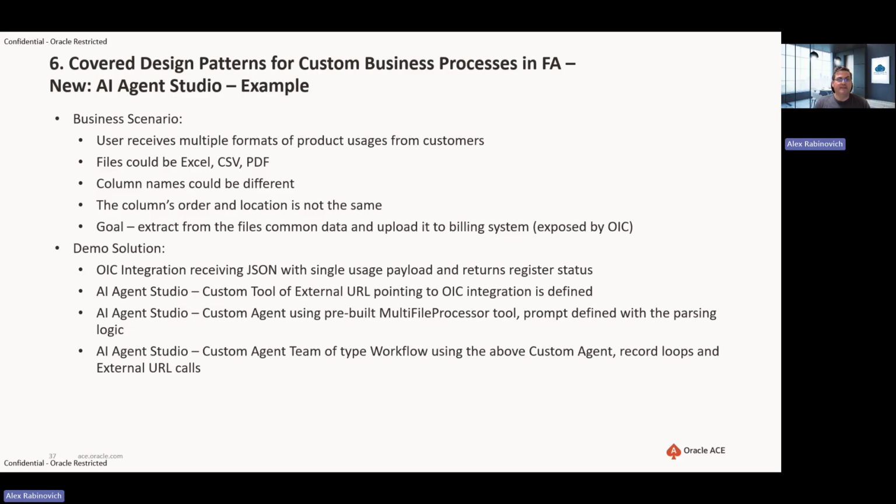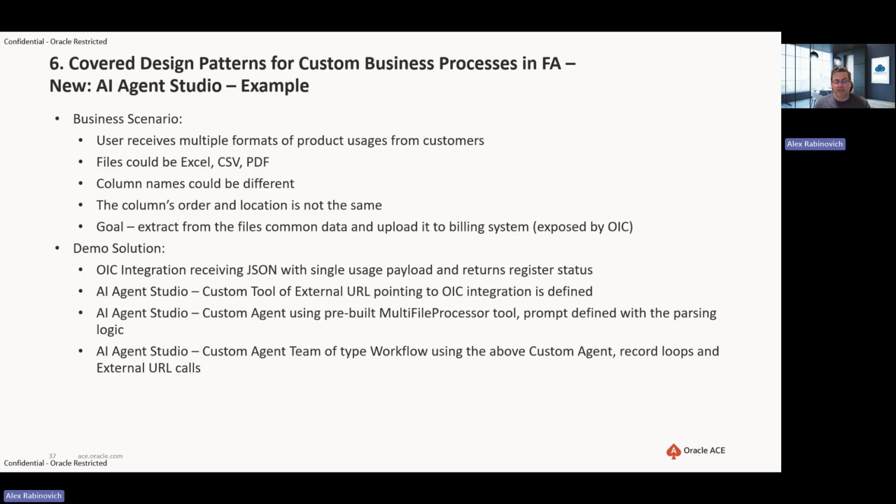And we'll show you in this demo, first of all, how we use it. We just created an OIC integration that simulates, shows an example of, receiving usage information; we're ingesting it as is, but of course it can write to subscription or to any other internal system. Then an Agent Studio custom tool that allows us to point to a URL that invokes the OIC integration.